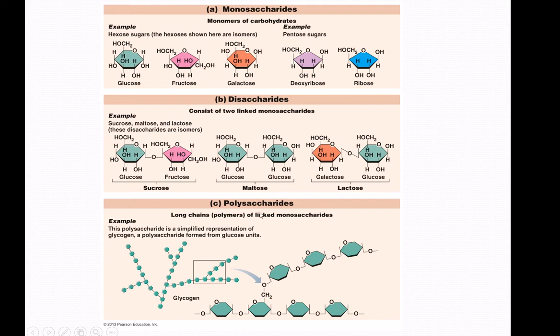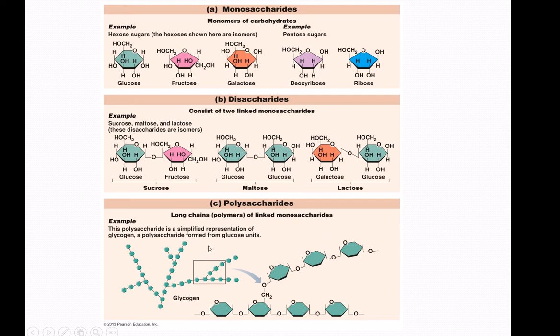The polysaccharides are these long, long chains of monosaccharides. There are several different storage forms of polysaccharides, and that's really what most of these polysaccharides are for: storage of these different monosaccharide subunits, particularly glucose. For us, our storage form is glycogen.